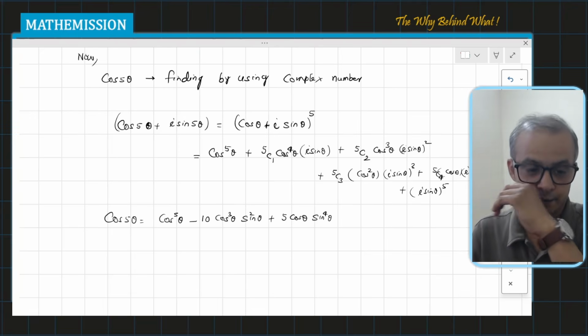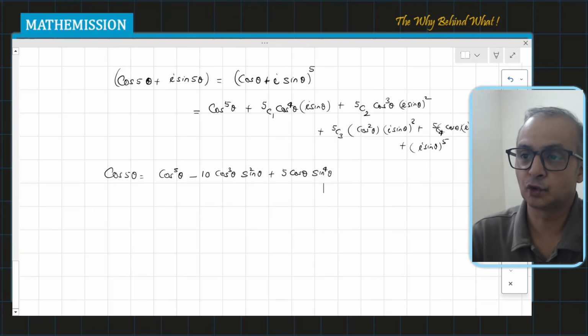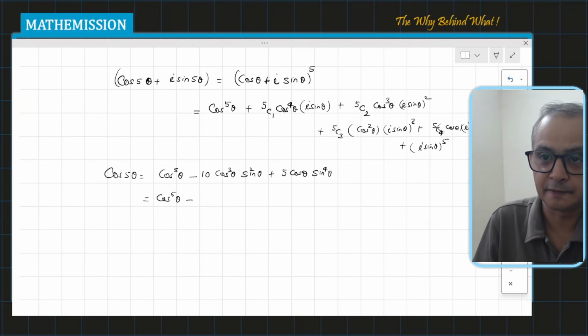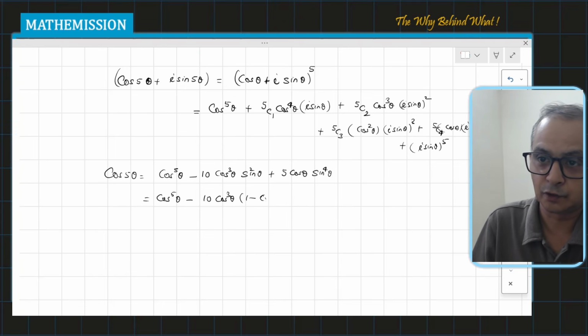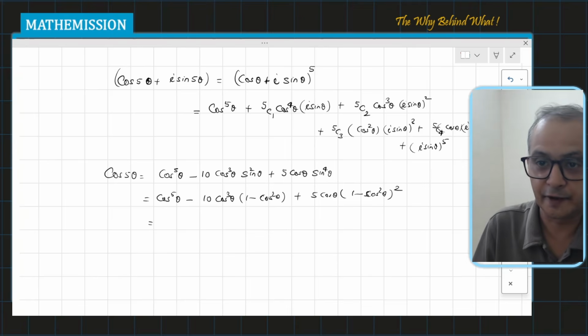Now our task is to transform this whole thing in terms of cosine theta. So we can write cosine to the power 5 theta as it is, minus 10 cosine cube theta times 1 minus cosine squared theta, and then again 5 cosine theta times 1 minus cosine squared theta, the whole square. Let me simplify this first.